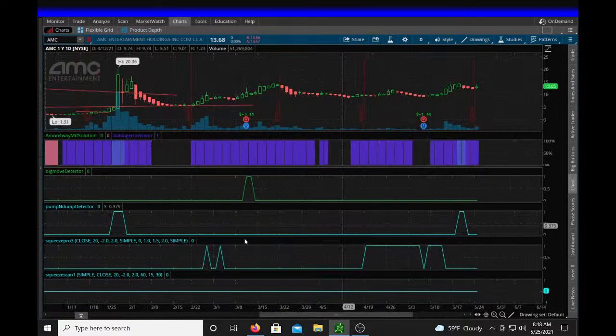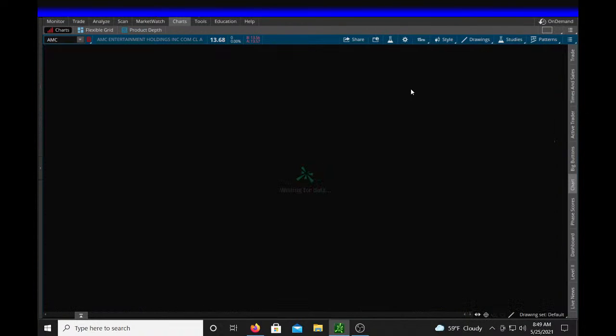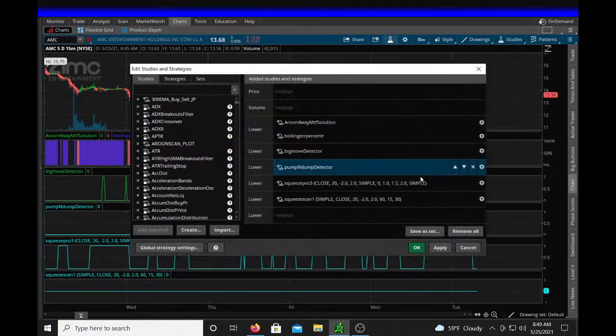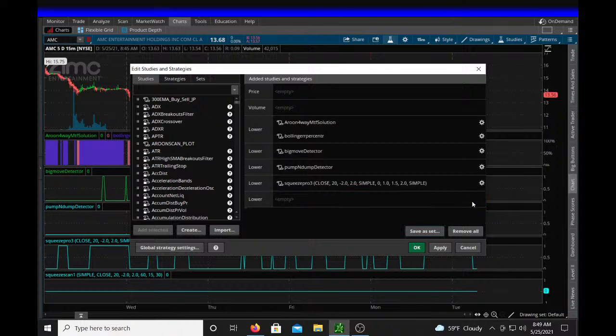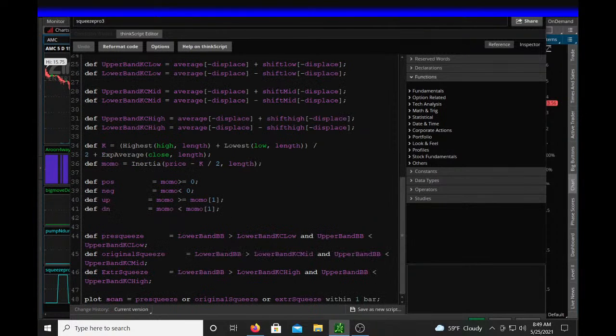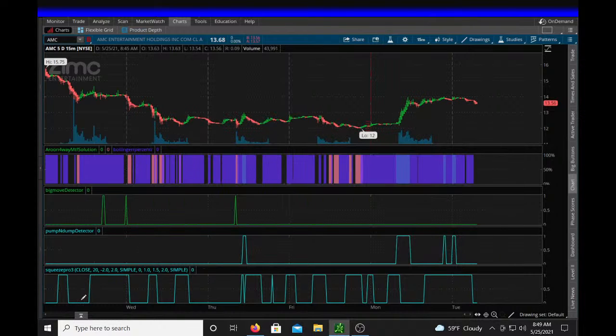And here is a, looks like a scan that I've created. Squeeze here doesn't seem to be doing anything. And maybe it does for other ones, but let's get rid of that for now. And we'll use the one I created. Okay. Very good. So now we can see when they're being squeezed.